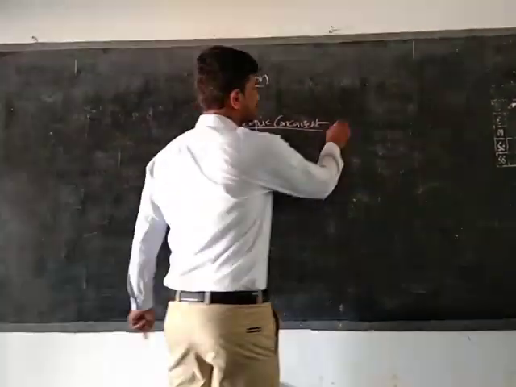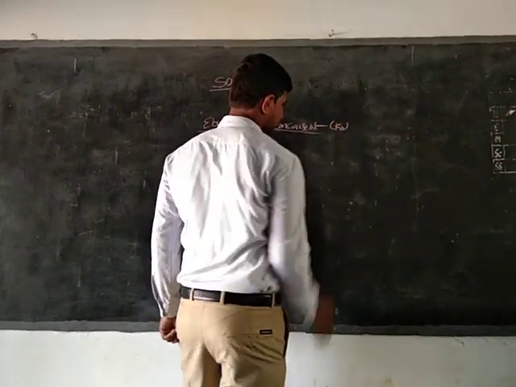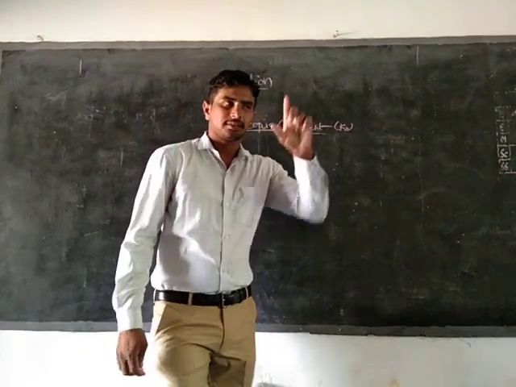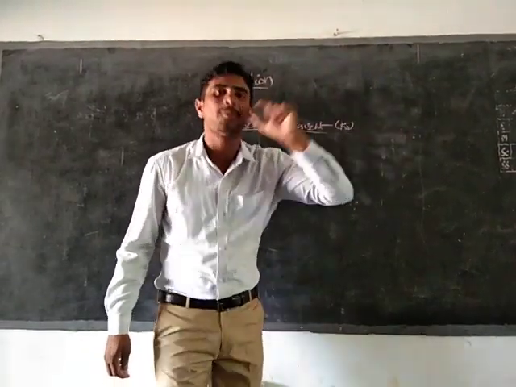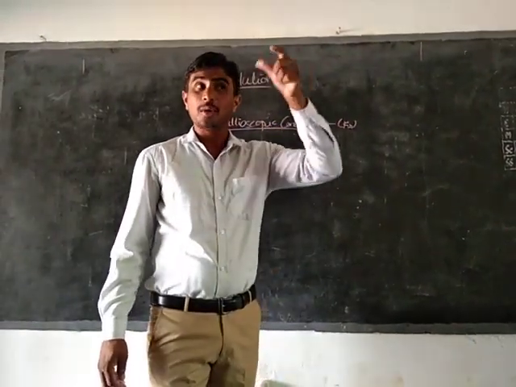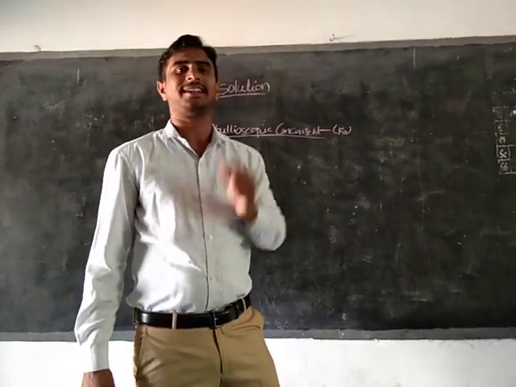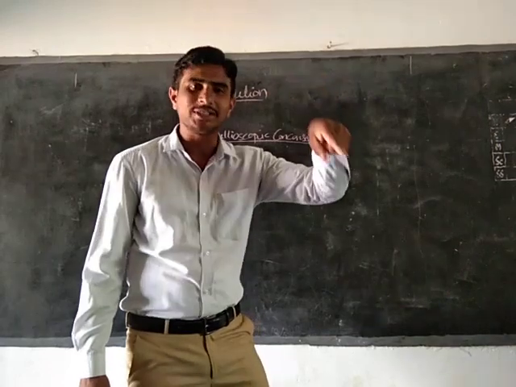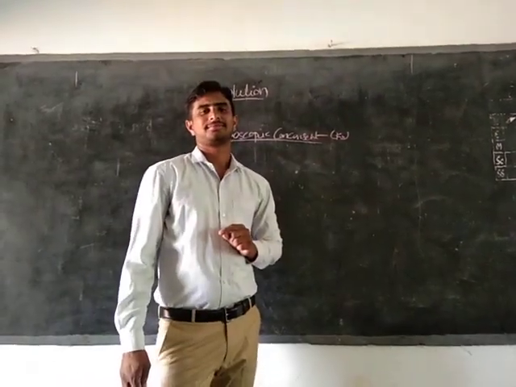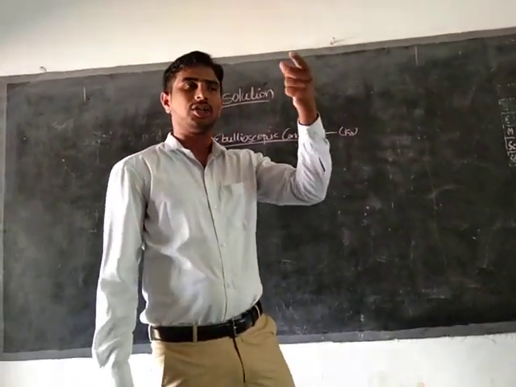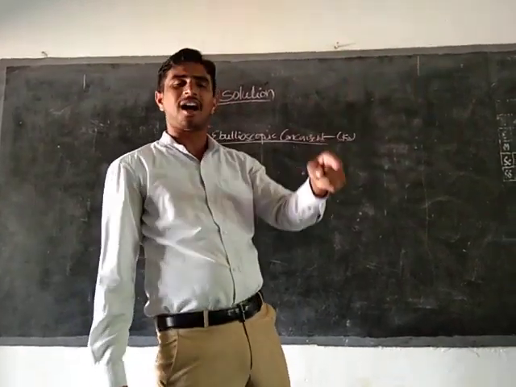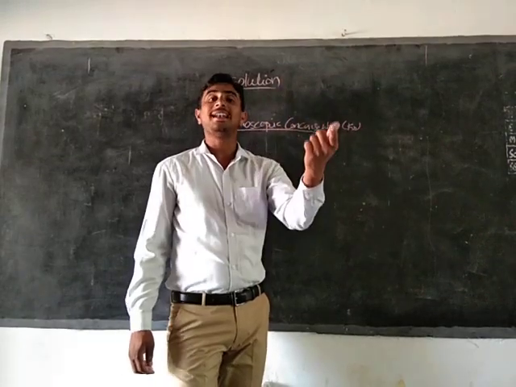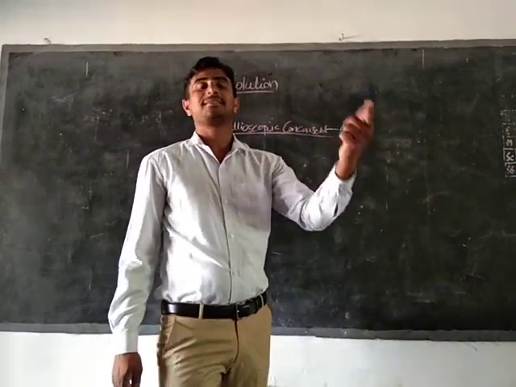Ebullioscopic constant, Kb. What is the meaning of ebullioscopic constant? The elevation of boiling point observed in a 1 molar solution containing a non-volatile solute is called the ebullioscopic constant or molar elevation constant.